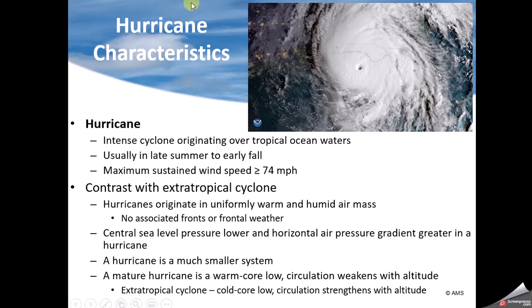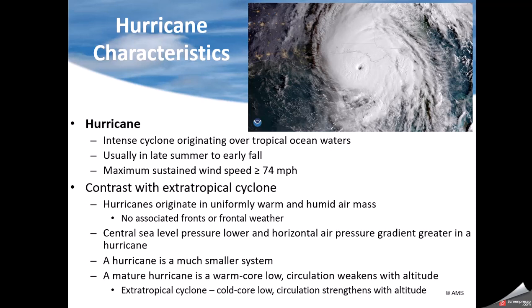So a hurricane is a very intense tropical cyclone, with greater than 74-mile-per-hour winds. Contrast this with what we talked about for extratropical cyclones: hurricanes originate in a uniform, warm, humid air mass. There are no temperature differences across that air mass, and hopefully not much in the way of moisture differences.